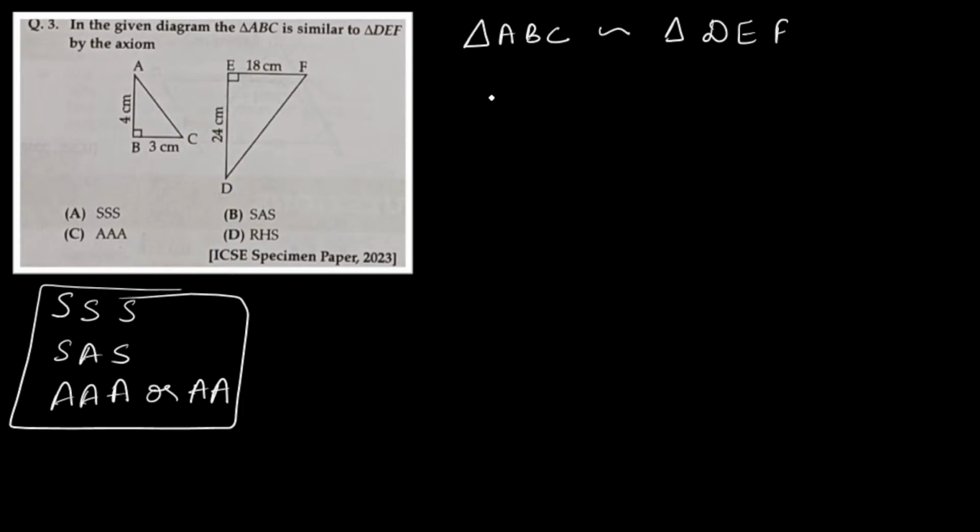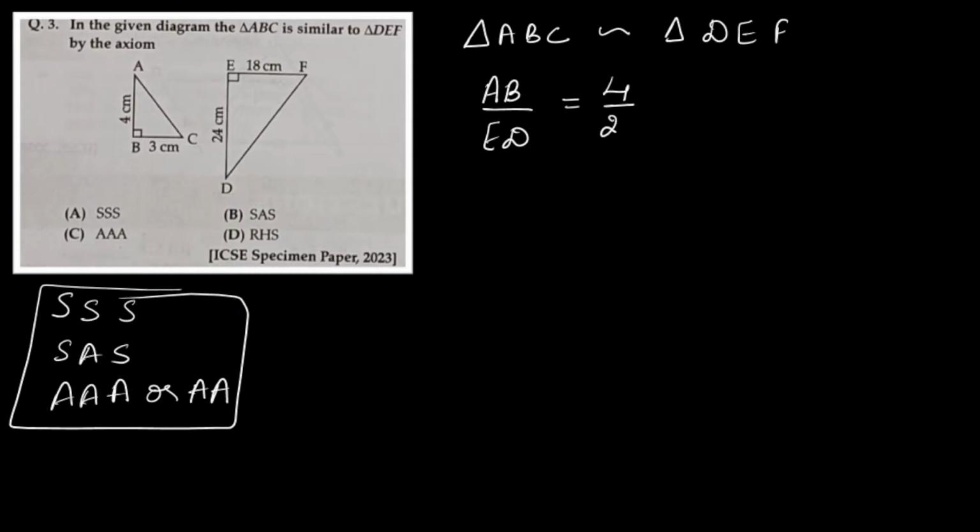So here one angle is given to us and 2 sides are given to us. Let's find the ratio of 2 sides. So if I find the ratio of AB and ED. AB's value is given to us, 4 centimeter.